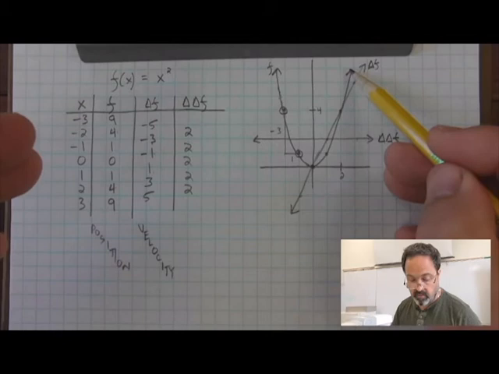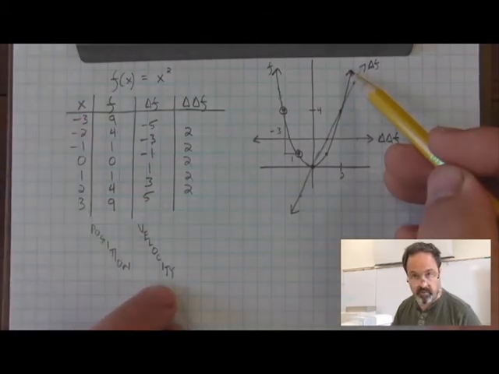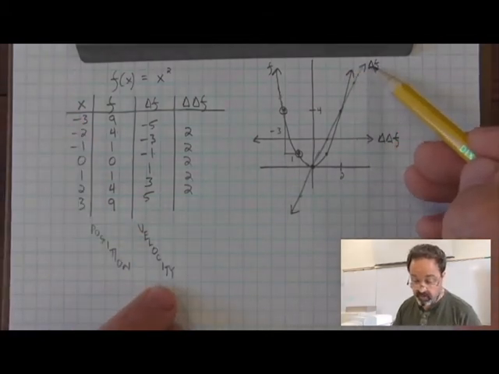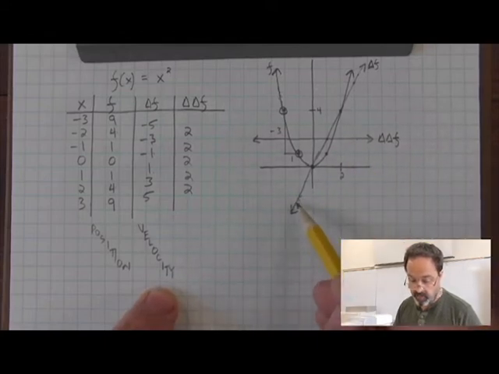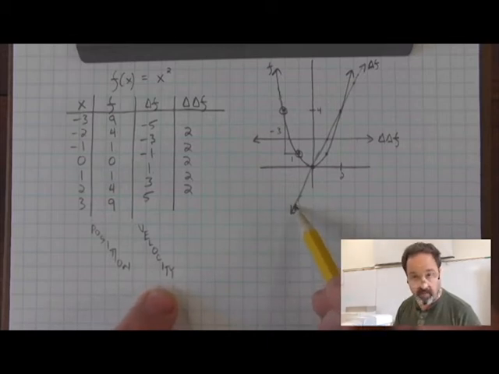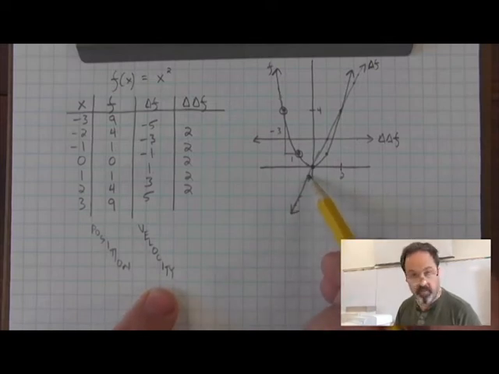If delta f is a velocity function, and we graphed delta f right here as a line, the line captures that same interrelated concept. If I put my pencil on the velocity function here, delta f, the line, that is a negative value, and it's a more intense negative value than something closer to the origin.